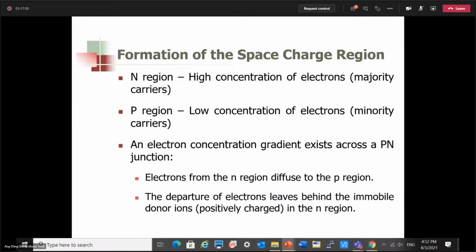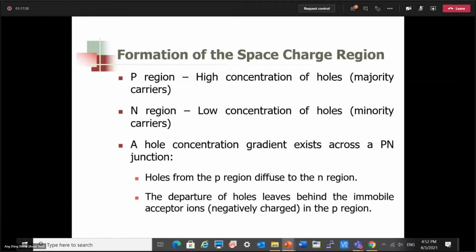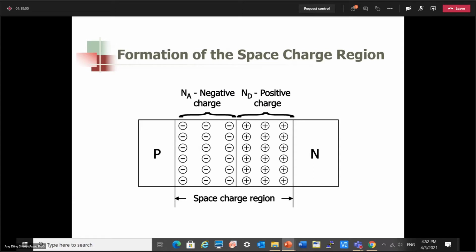So what I've discussed just now is summarized here, so you can read through it later on. Let me summarize. As a result of the concentration gradient in the electron and hole concentration, diffusion of electrons and holes will occur the moment the p-n junction is formed.